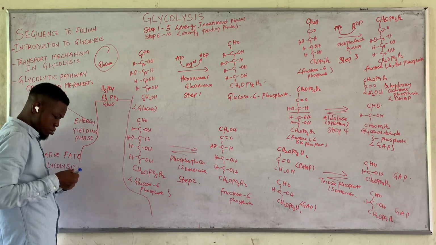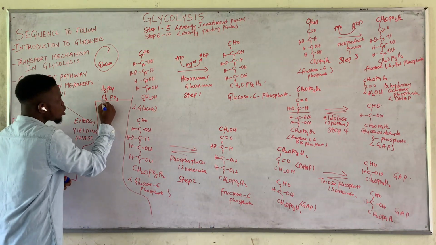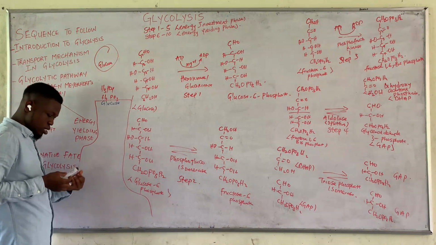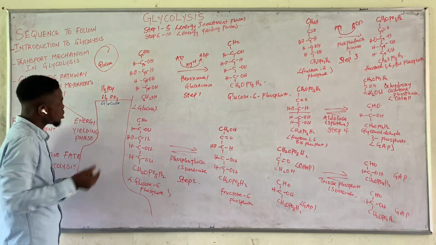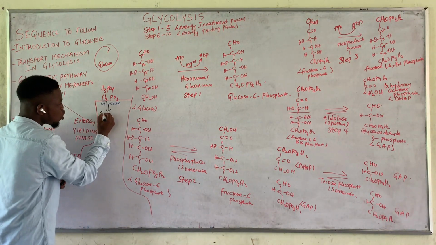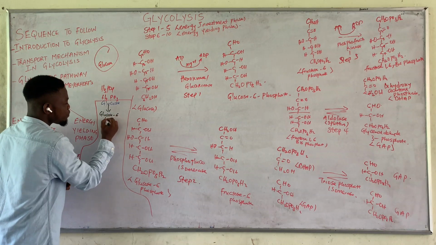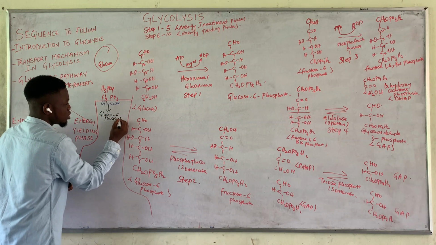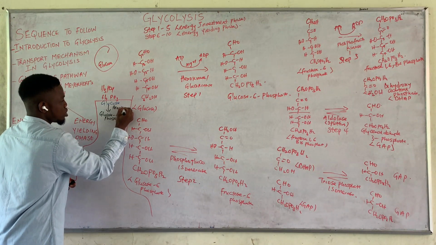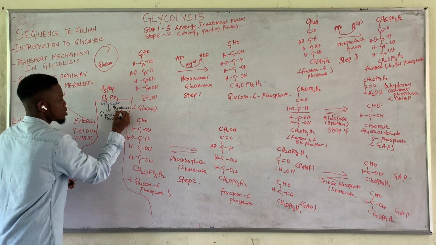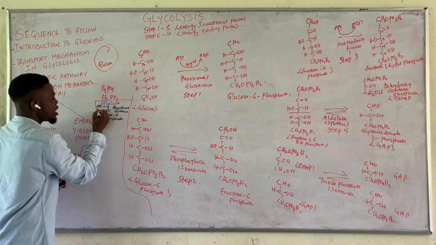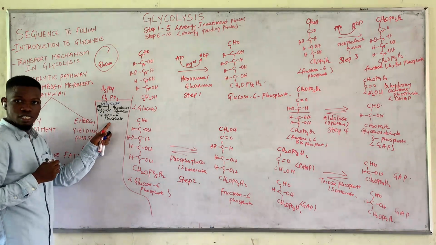The glucose is converted to what is called glucose 6-phosphate. What's the name of the enzyme? Hexokinase or glucokinase. So the ATP is used up, which got converted to what? ADP. That's for step 1.